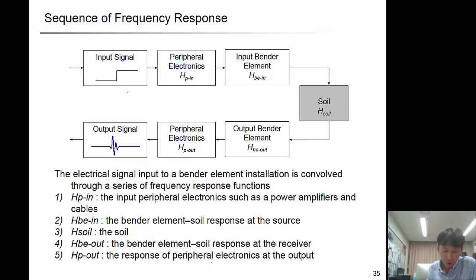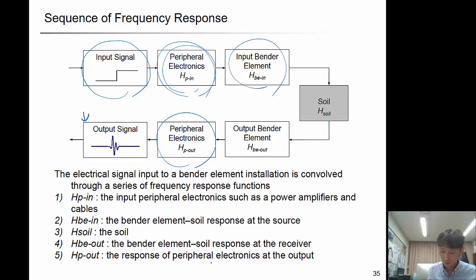So when you apply the input signal with a certain voltage and rising time, your electronics will add its own frequency response, the bender element will have its own frequency response, and the soil will have a transfer function in the system, and then the output bender element and the peripheral electronics, and that is the resulting signal.